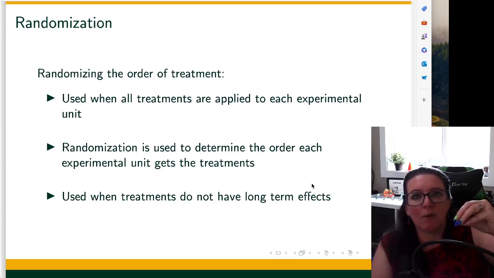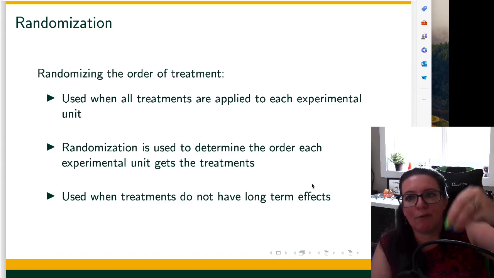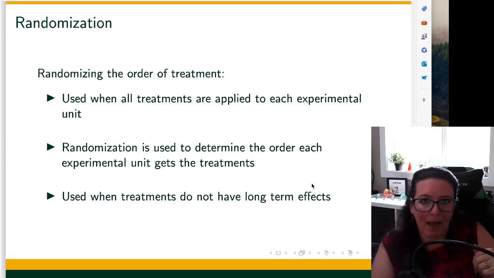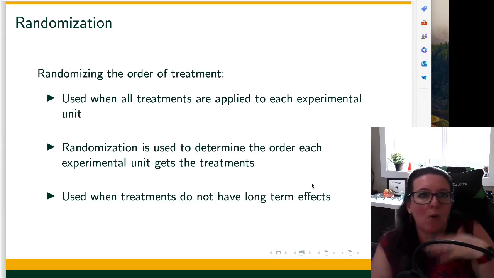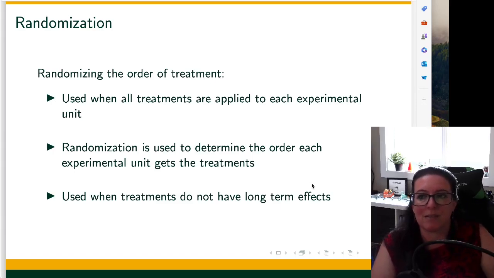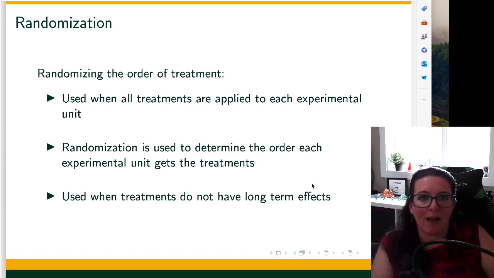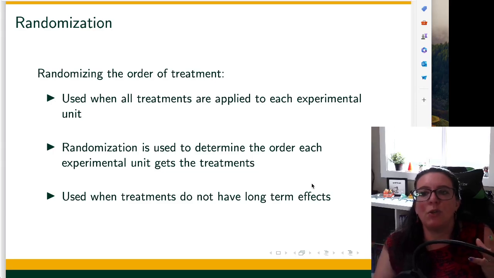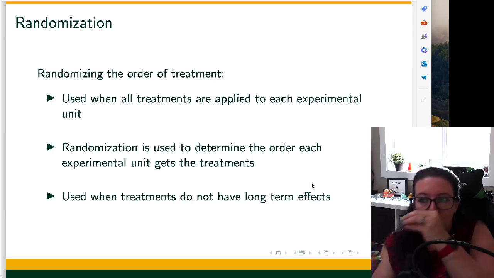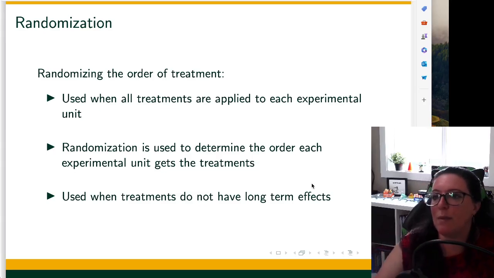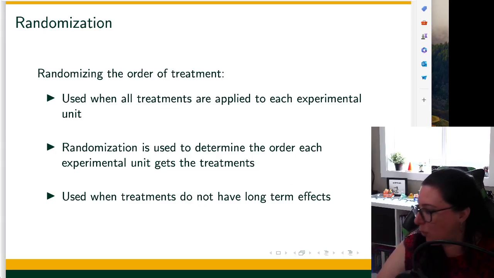If there's a long-term effect and we happen to give you the treatment first, then in that second 6 months, you're still getting the impact of that first 6 months. And so then it looks like the placebo or control has the same effect as the treatment, where it is more actually that long-term effect. So we want to use this type where we're having the same person get both the treatment and the placebo only if the treatments have short-term effects only.